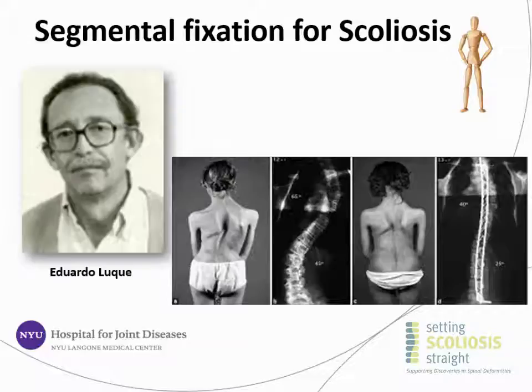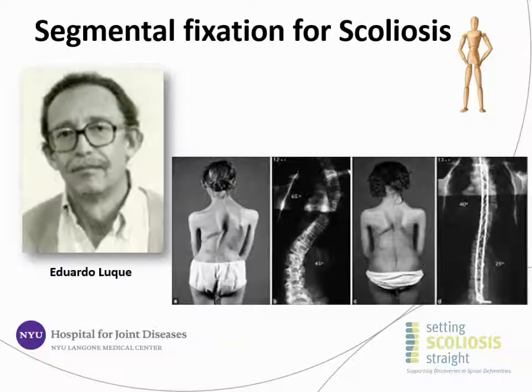In other words, instead of a hook at the top and a hook at the bottom, each individual vertebral body was segmentally fixed by something. And this became a very popular form of fixation. Sometimes it was matched to a Harrington rod.